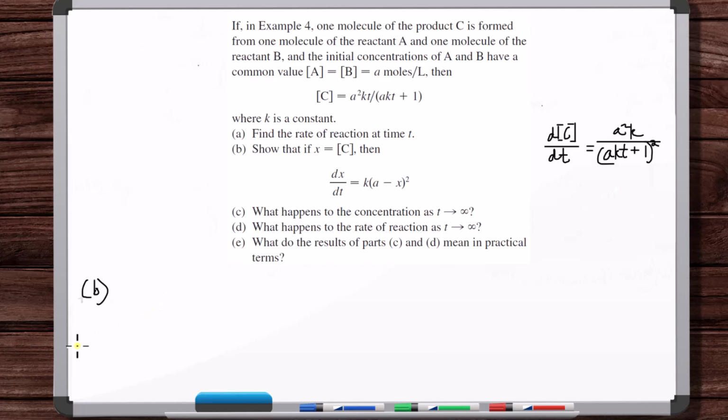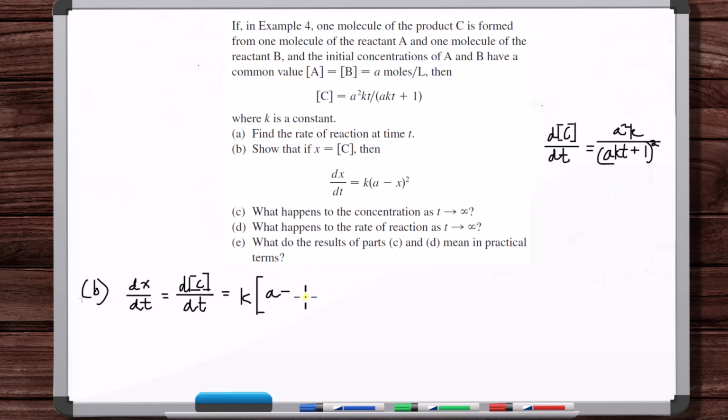So let's do that. So dx/dt is dc/dt, since x is that c, and it's equal to this k, and then a minus, and x is c.